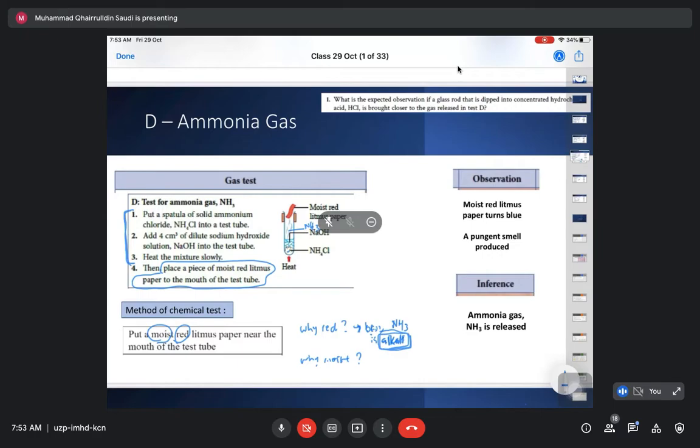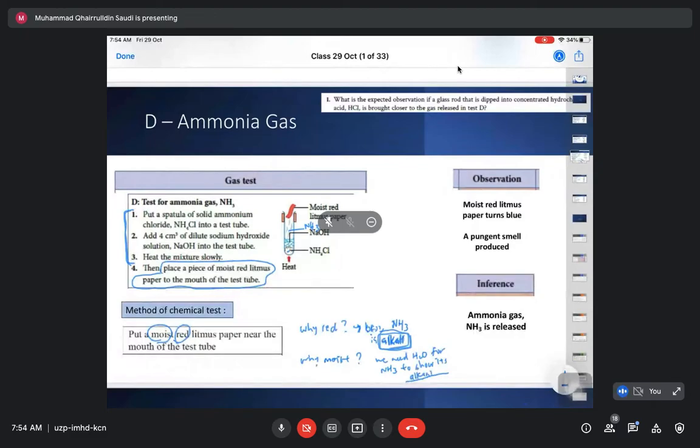So we need water. We need water for ammonia to show its, what is the word? Properties. Yes, to show its properties or to show its alkalinity.